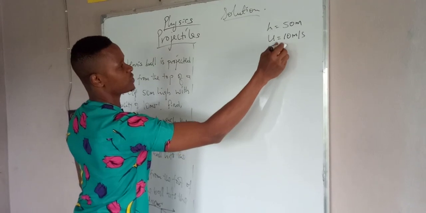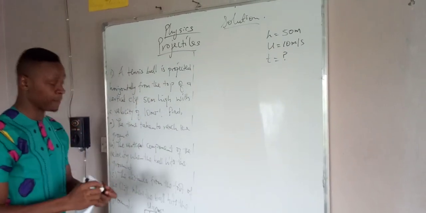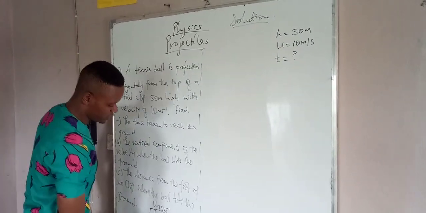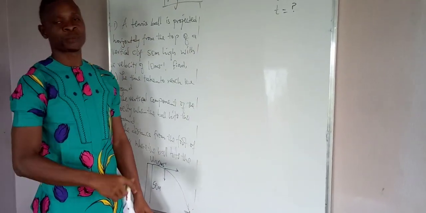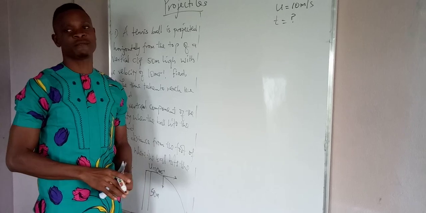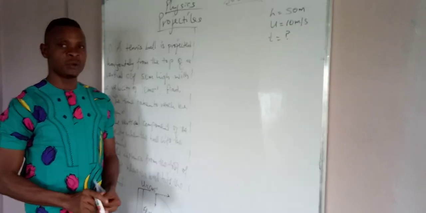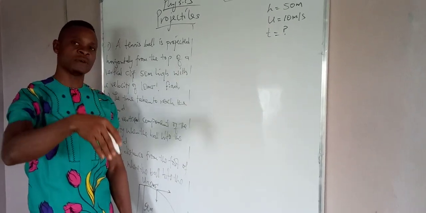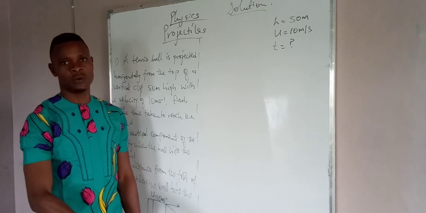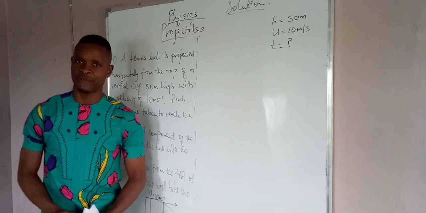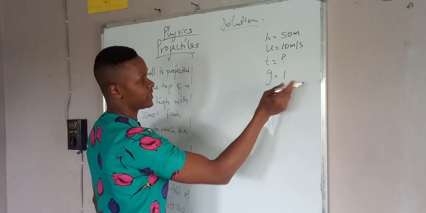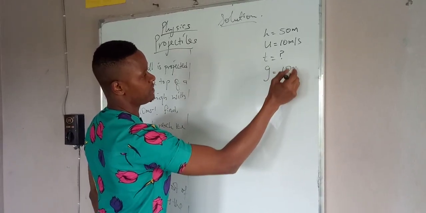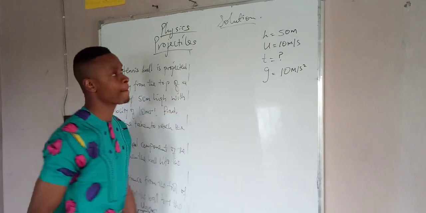So the first question demands that we find the time it will take to get to the ground. And recall it is coming down. When we talked about equations of motion under gravity, we mentioned that as the body falls from a height to a lower level, acceleration due to gravity is positive. Therefore, our g here is positive and it is a constant, approximated as 10 meters per second squared.